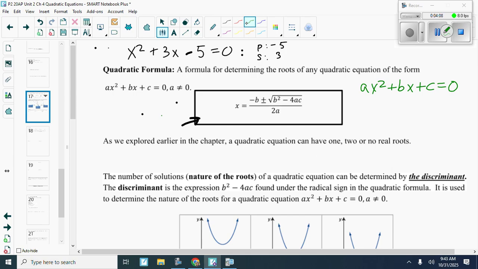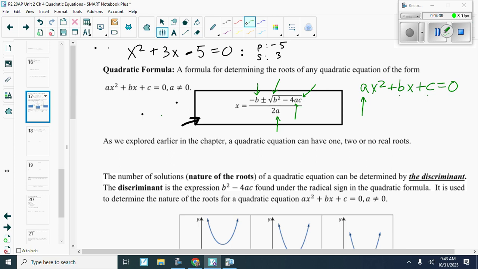All you need to know is that the A in standard form is your A in your formula. Your B in your standard form is your B. It shows up twice. And the A shows up twice. And then your C is your C in your formula. So literally all we're doing is taking your equation like this, and we're just going to substitute in and solve. That's it.